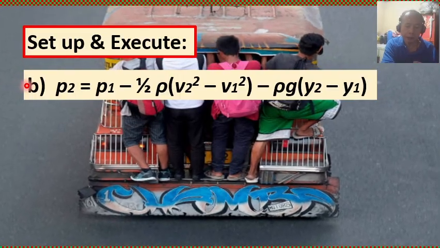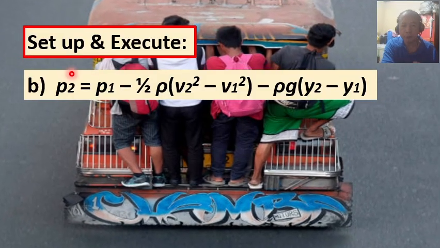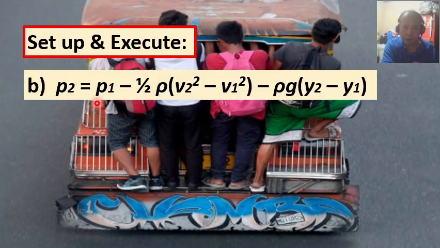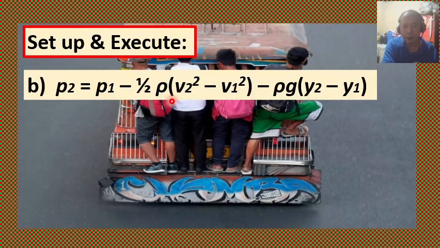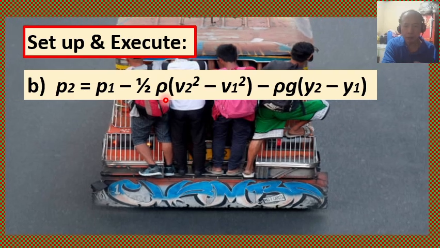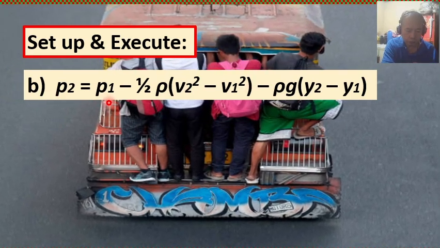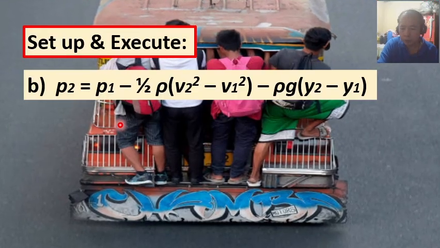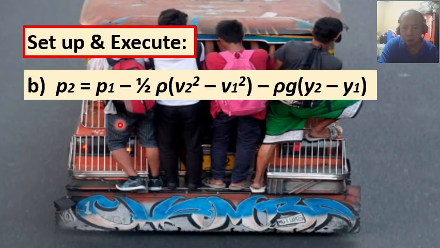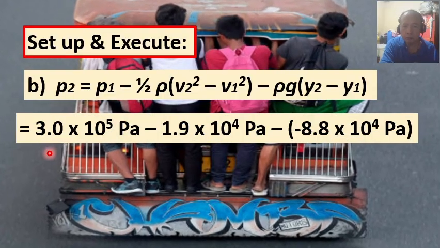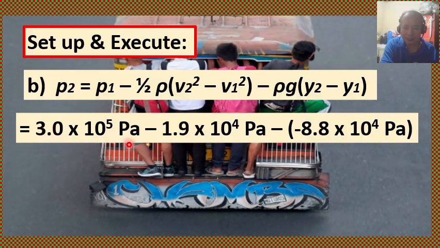Moving on now to our computation of the pressure in pipe number 2, we bring back our working formula, the derived Bernoulli equation, to determine P2. So, substituting our given and known quantities, P2 equals 3.0 times 10 to the 5th Pascal.